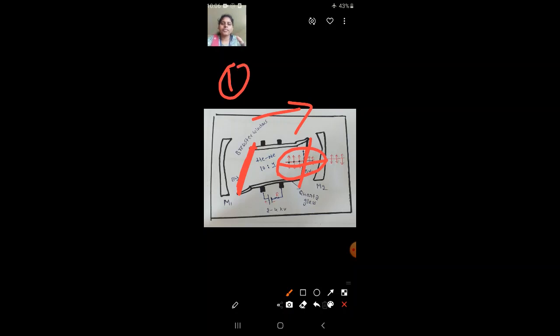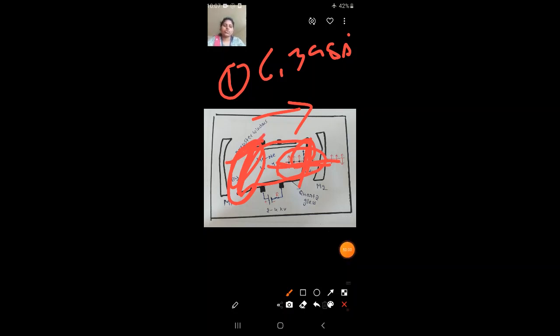Finally the output is a single wavelength, that is 6328 angstroms. This is unpolarized light, and here the Brewster angles exist, and the complete chamber is covered with a shield.